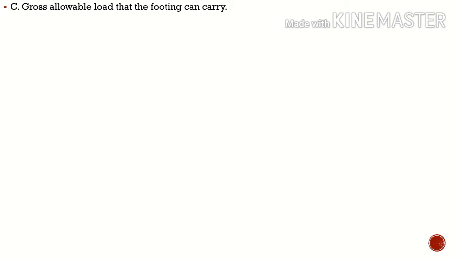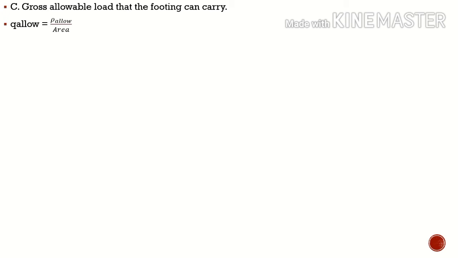Next is letter C. Gross allowable load that the footing can carry. We have q allow from letter B. The formula of stress is equal to force over area. So, if the stress is allowable, the force is also allowable. So, stress allow is equal to force allow over area.